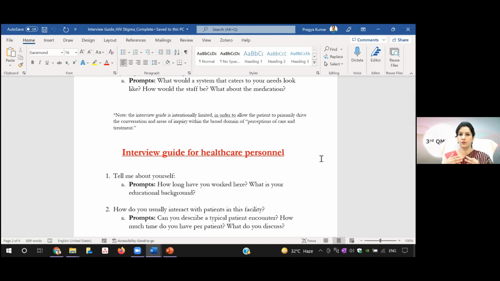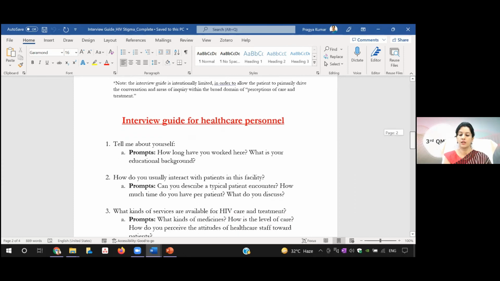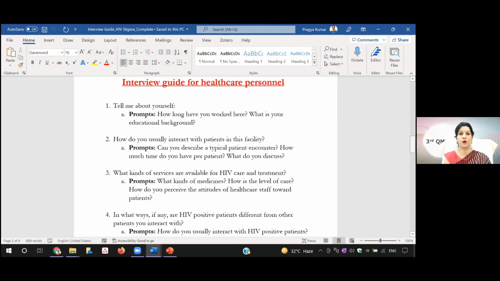It is just to guide you. Otherwise, there are no hard and fast questions that you should be asking, and you cannot deviate from this. No, you can always deviate from this guide depending on the response which you are getting, because you are not well aware of each individual, and we know there are multiple perspectives.